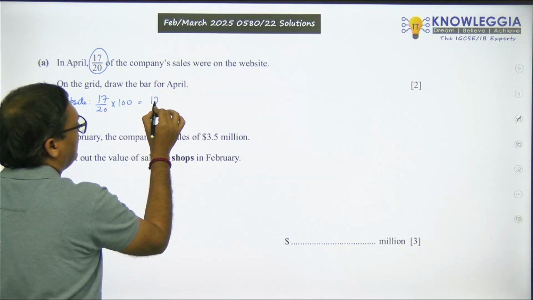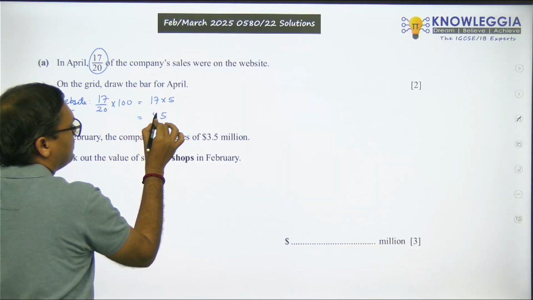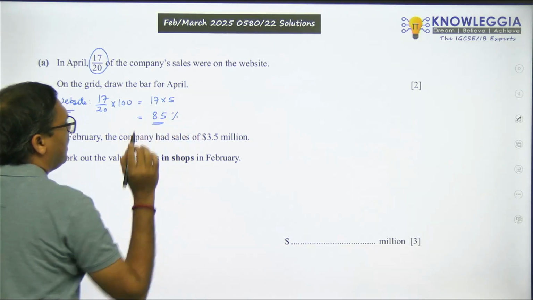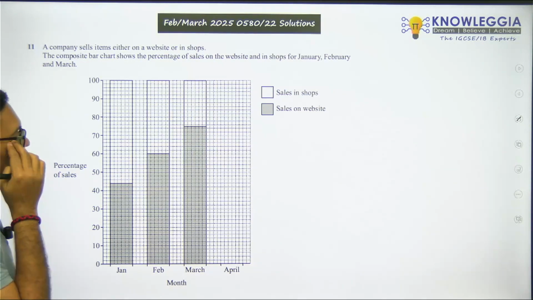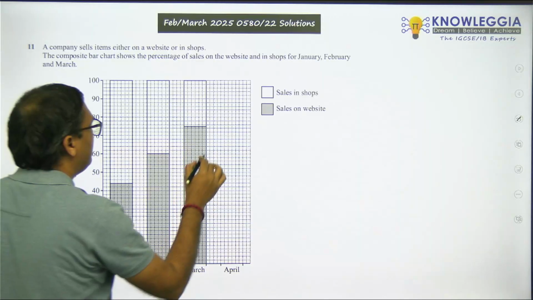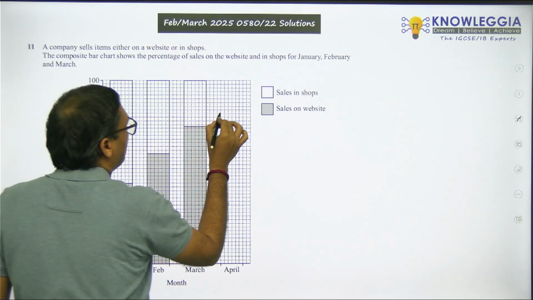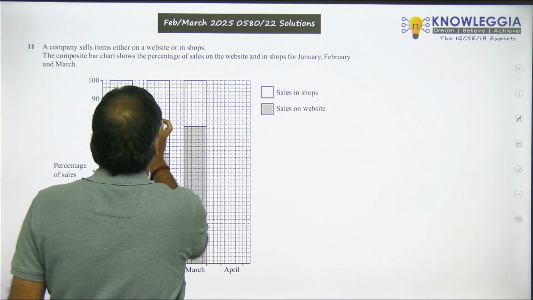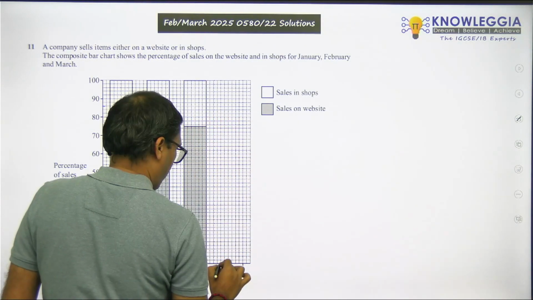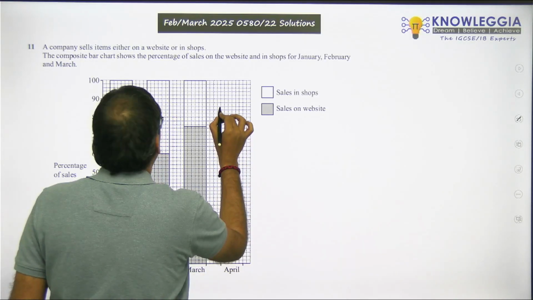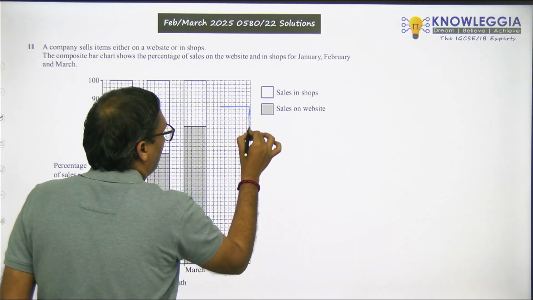This is 7 into 5, so this is 35%. So you can see 35% on the website. That is 35 here.